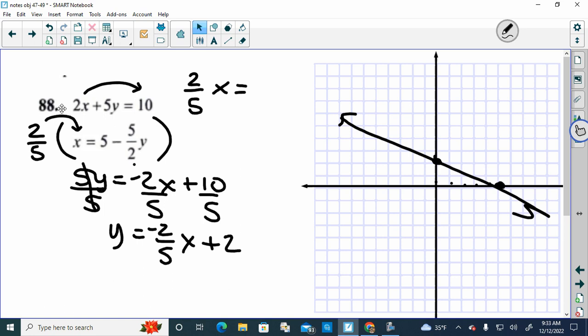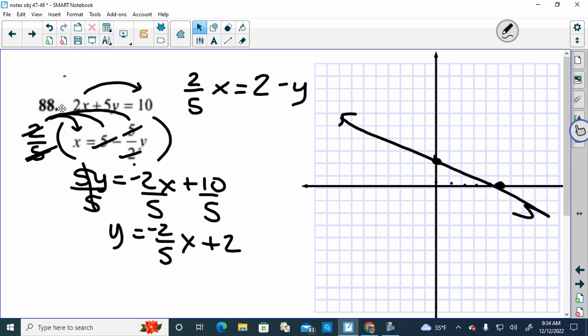When I distribute this to here, the 5s would cross cancel, and it would just leave a positive 2. And then when I distribute here, the 5s cross cancel and the 2s cross cancel. So the only thing that I'm stuck with is the y is still going to be a negative. So then negative y.